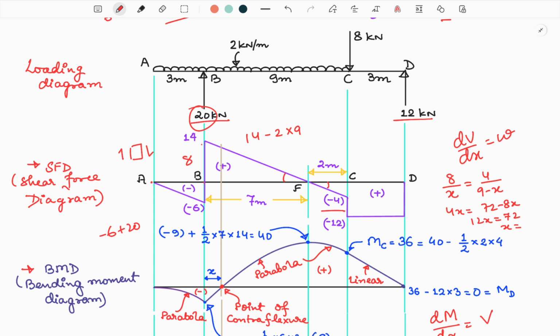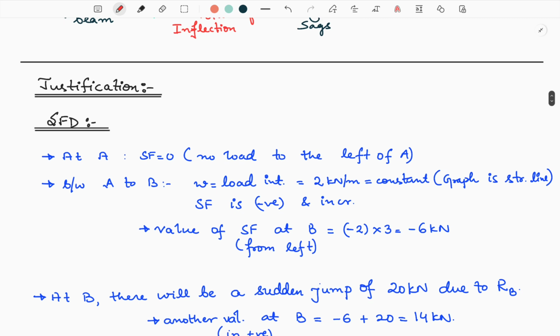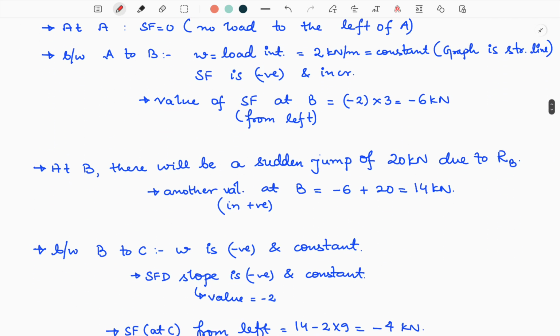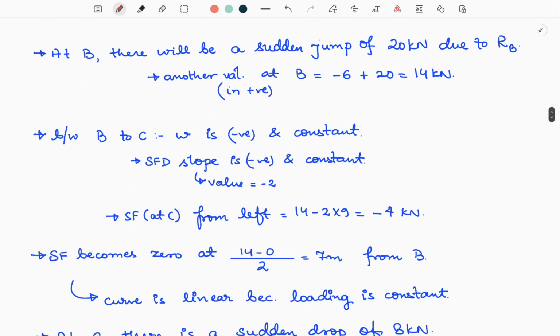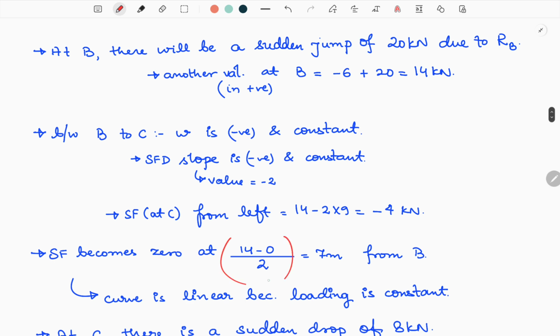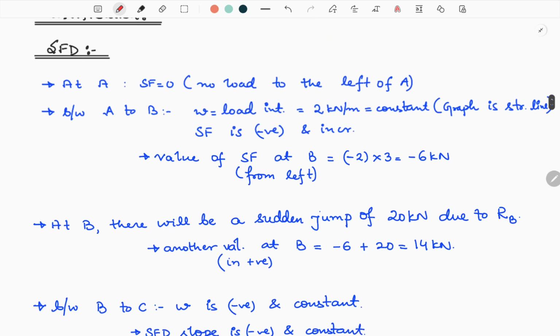Okay, so we can easily calculate this value of x, so by solving that, 14 minus 0 upon 2 is equal to 7 meter from B.